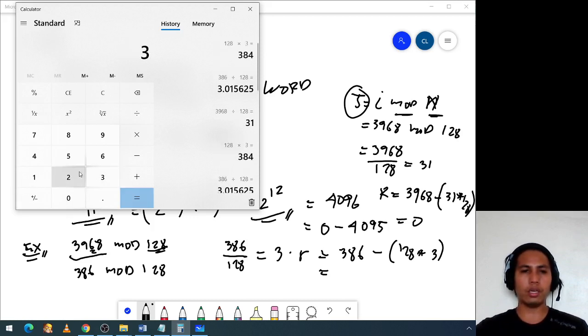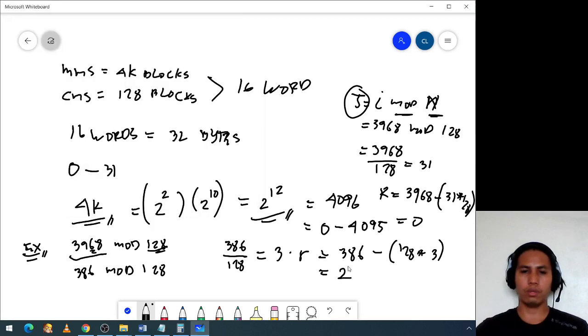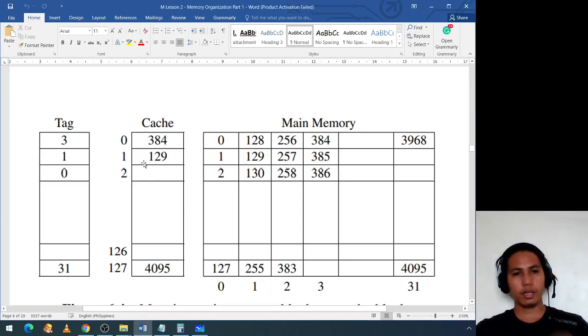So 386, of course, minus 384, that is equivalent to 2. Did we get the correct cache block number? So 386 nasa cache block 2 po siya.